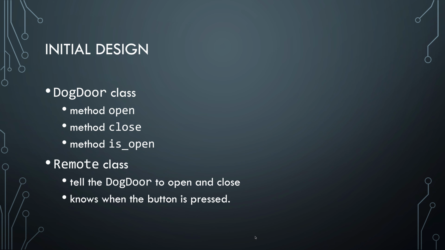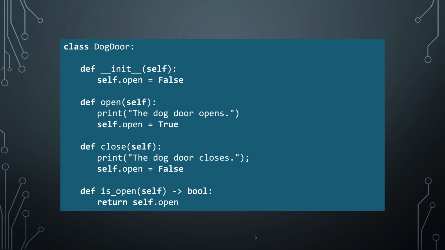So let's make an initial design. We have a dog door class with methods open, close, and isOpen. We have a remote class that tells the dog door to open and close and that knows when the button is pressed. Here you see a simple dog door class with these 3 methods and a Boolean variable indicating if the door is currently open.